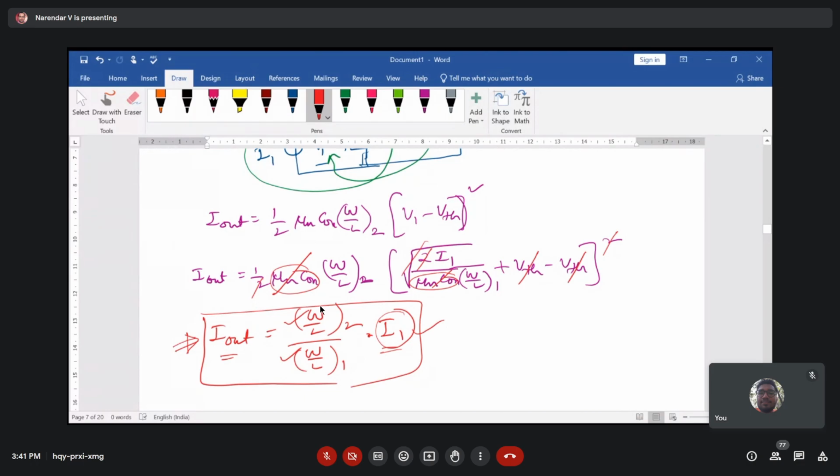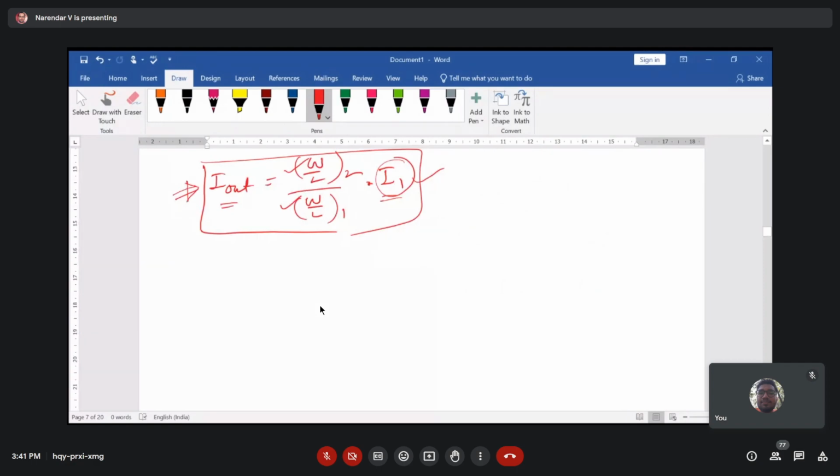Okay, now what we have to do is just remodify this structure and then let's see how it is going to be. If I1 current is good, then definitely I out is also as good as I1.